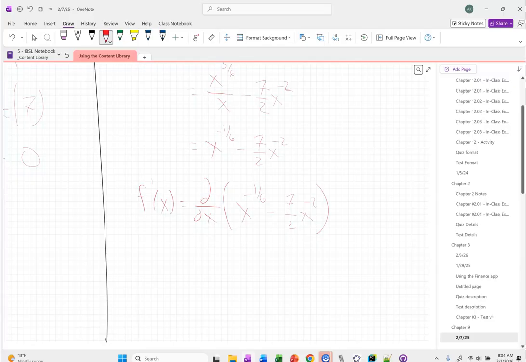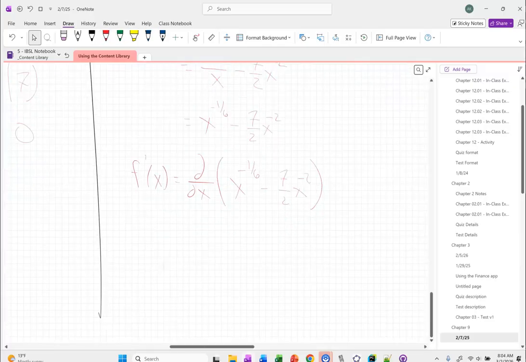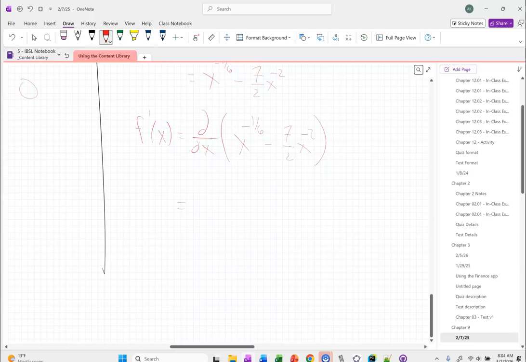So because there's subtraction here, I can take the derivative term by term. I'm just going to start by taking the derivative of x to the negative 1/6. What do I get? Negative 1/6 x to the negative 7/6.